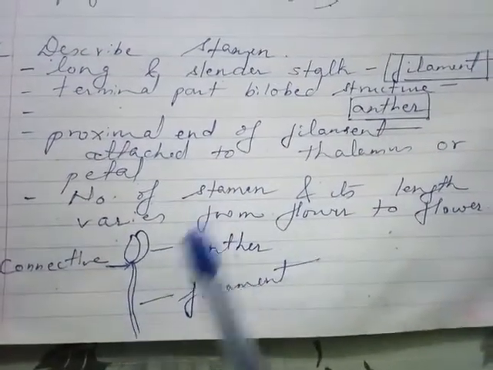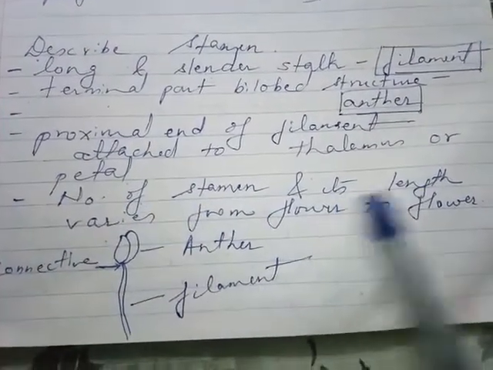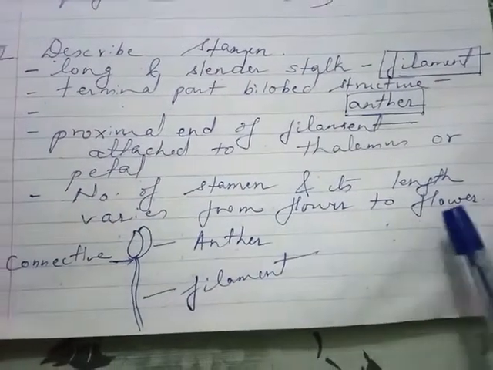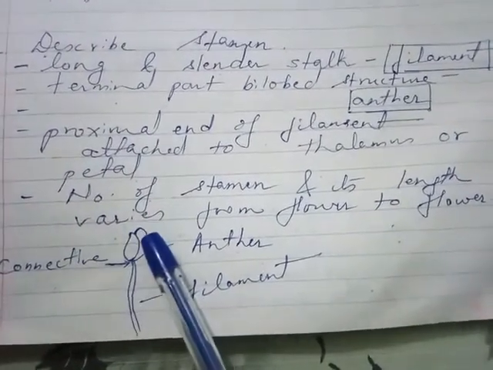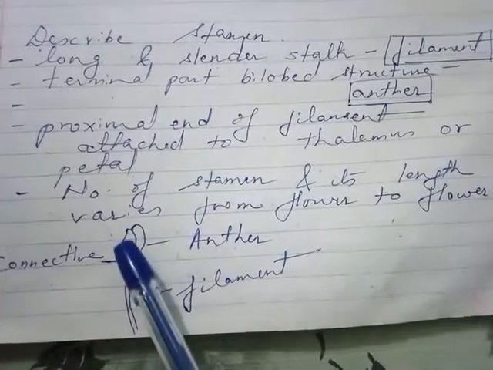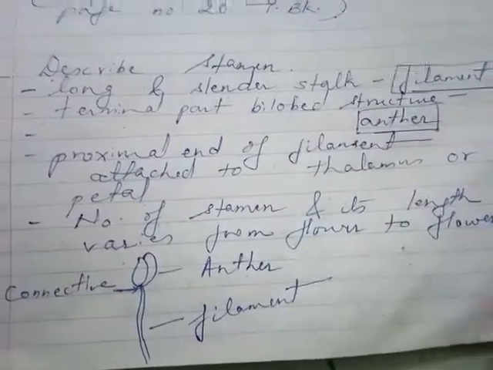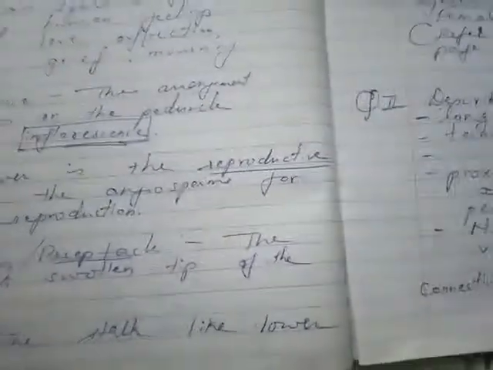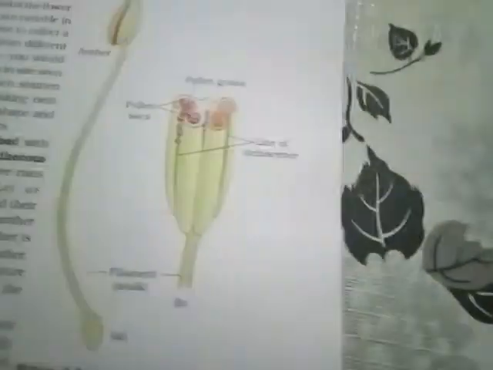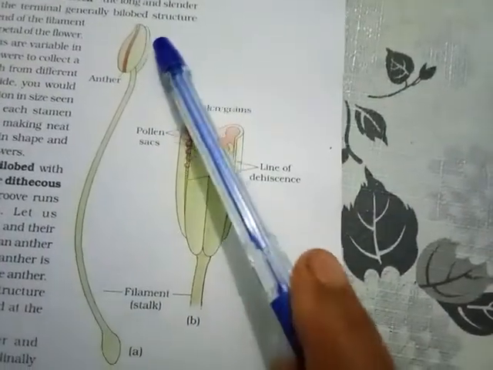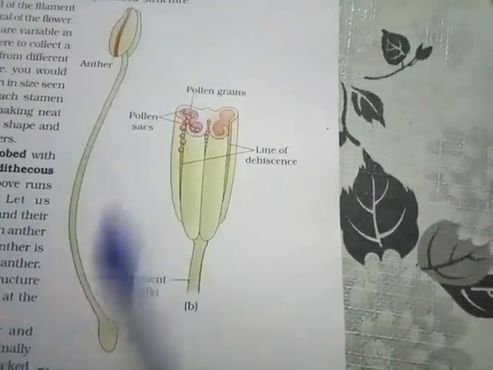The number of stamens and their length varies from flower to flower. So anther is there, filament is there, and this is called the connective. That is the male reproductive part of the flower. In the diagram, this one is the anther, this one is the filament and this one is the connective.